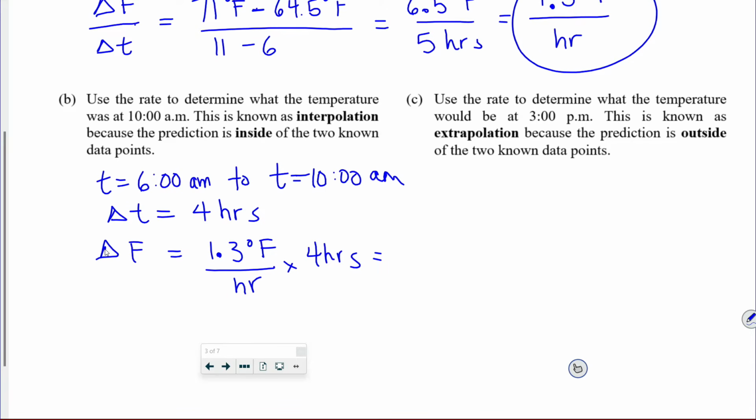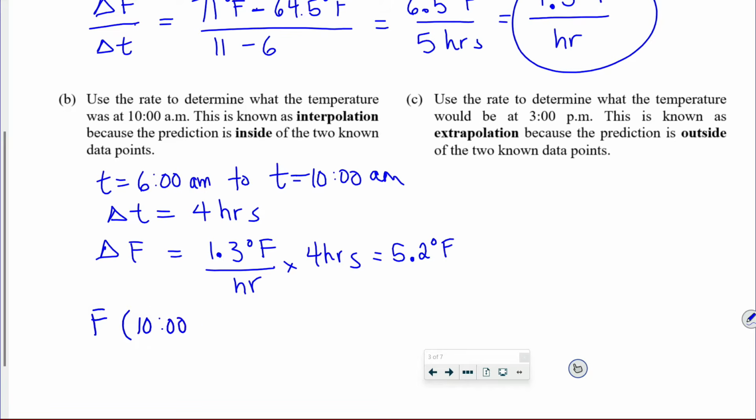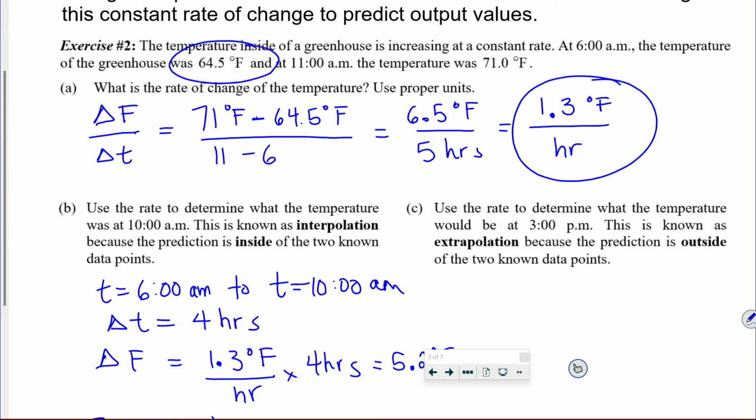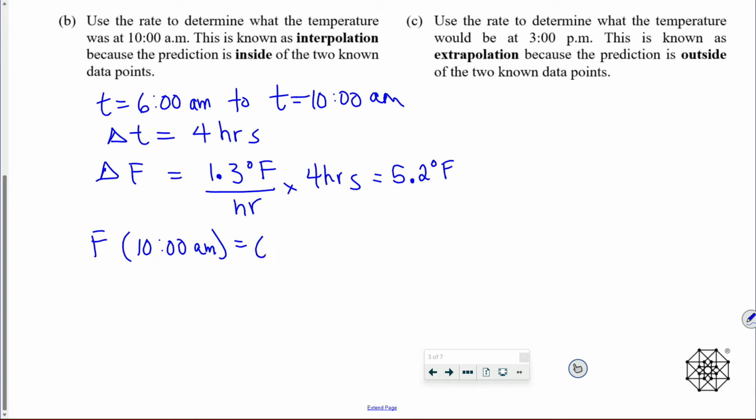I can just do this on my calculator of 5.2 degrees Fahrenheit, meaning that the temperature went up by 5.2 degrees Fahrenheit from 6 a.m. to 10 a.m. So I can now say my Fahrenheit temperature at 10 o'clock a.m. is going to be whatever it was at 6 o'clock, and that is 64.5 degrees Fahrenheit, plus the change in temperature that must have occurred, 5.2 degrees Fahrenheit.